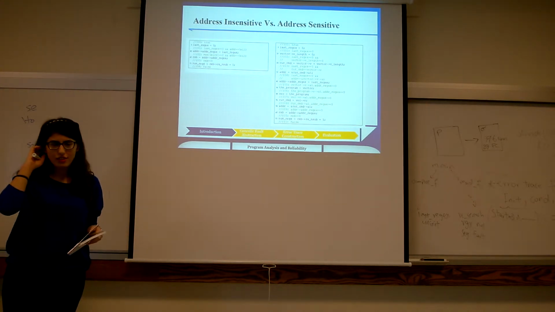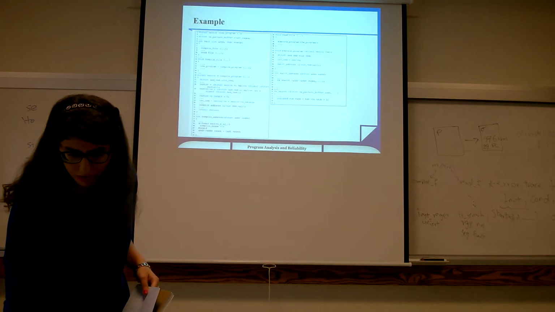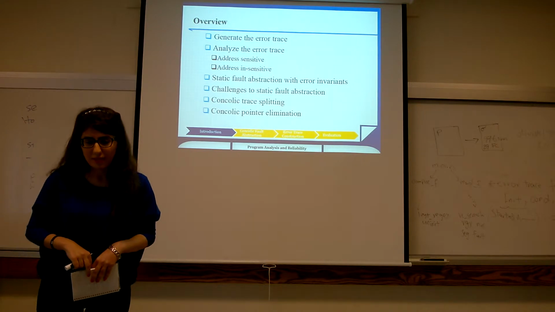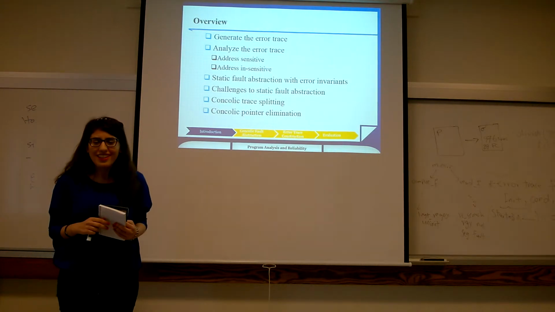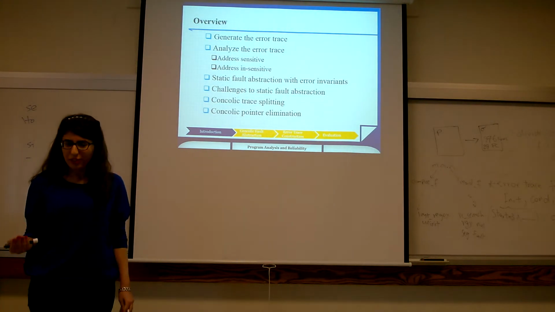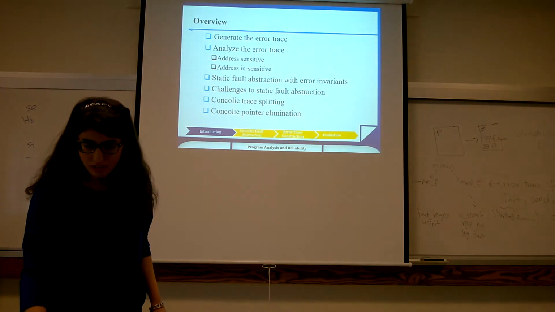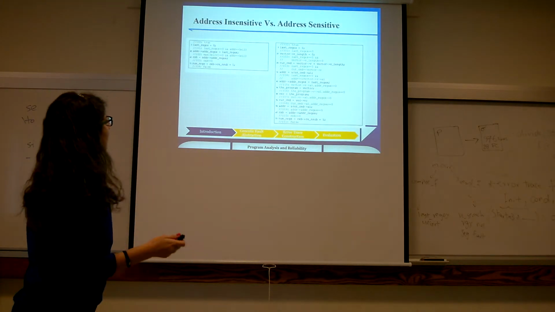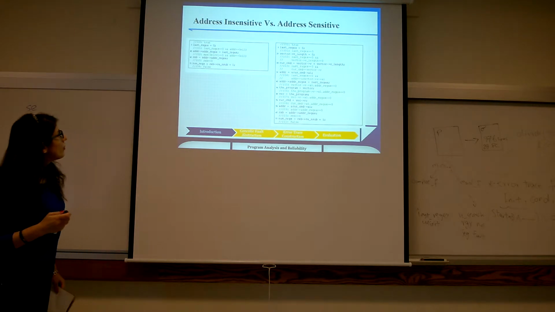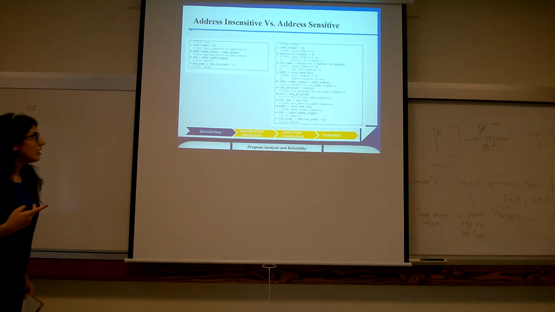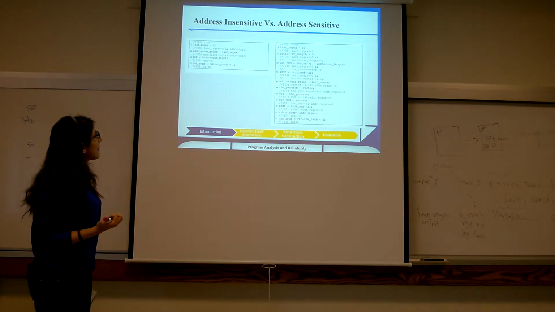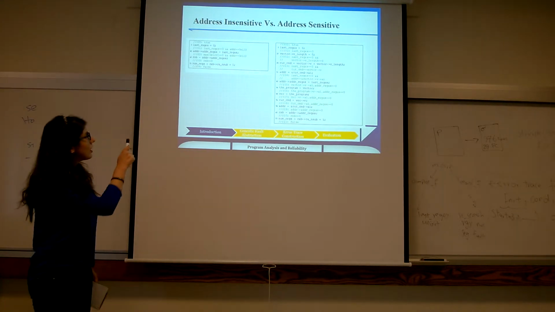So if we go back to here, what they want to do is called static fault abstraction with error invariants. First we want to know what the error invariants are, right? If we come back here, the green lines are the error invariants. They have two properties. For example, assume we are talking about I1.